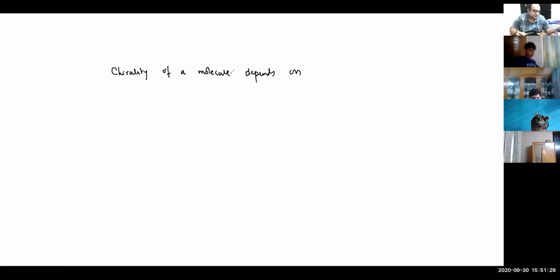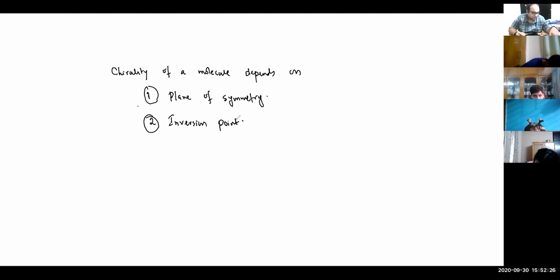So what do you mean by inversion point? Inversion point means, say there is a molecule here, and its arrangement is going out of the paper. And here the mirror image shows that both are coming towards the paper. So even if you invert it, it will not be superimposable. Even if you rotate it and try to fit it in, it will not fit.